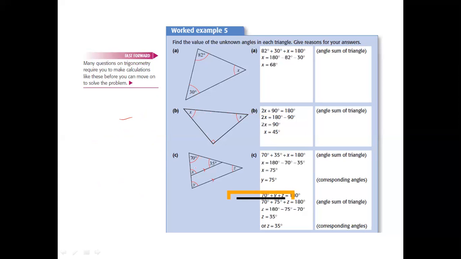There we have two separate triangles, the first triangle and the second triangle, and this one is not a triangle but a trapezoid or quadrilateral. So let's find, first of all, the first triangle: 70 plus 35 plus x is equal to 180. Here also you'll find x is equal to 75.